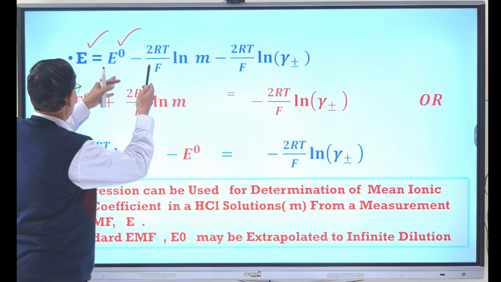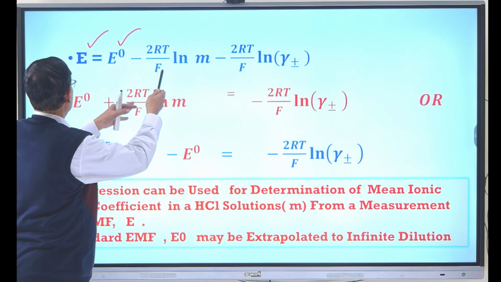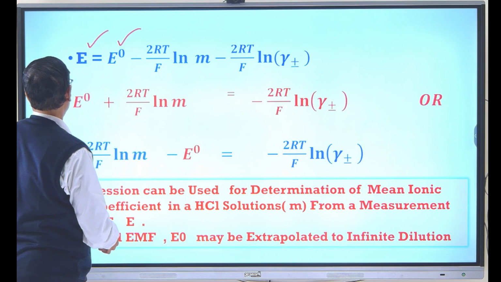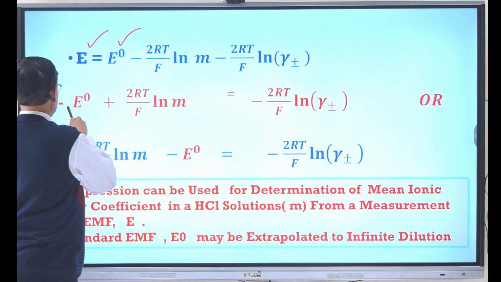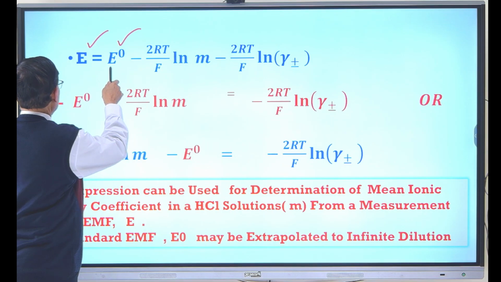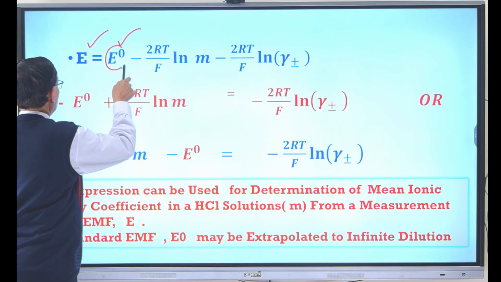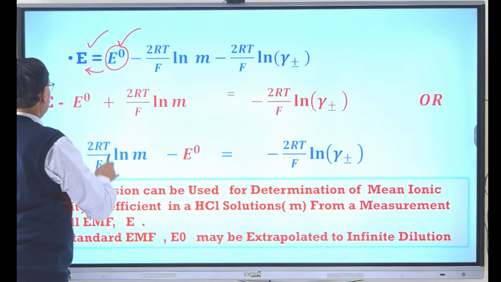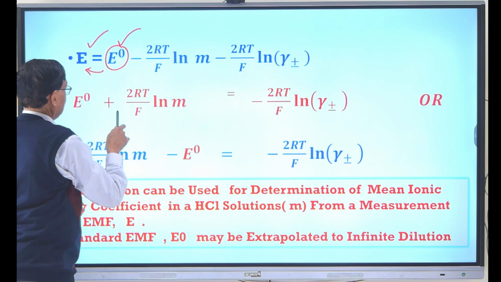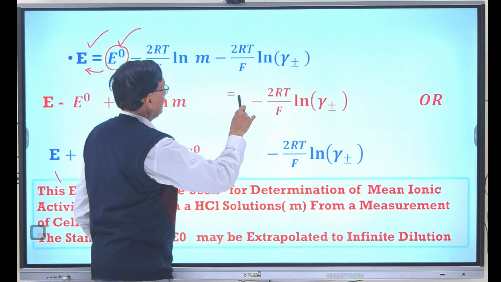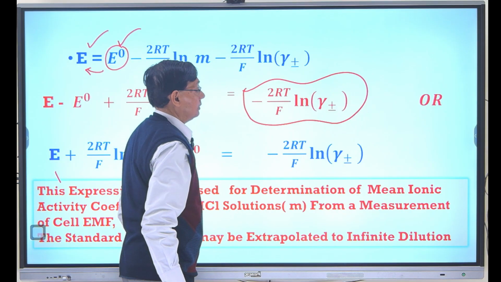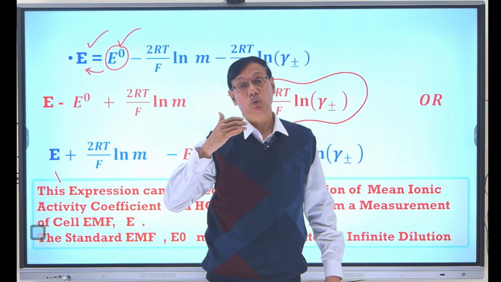What I can do, I can write like that: E minus E0. अगर हम इस E0 को यहाँ पे ले आएंगे तो क्या हो जाएगा? E minus E0 हो जाएगा. इसको हम यहाँ पे ले आएंगे तो ये माइनस की जगह ये प्लस हो जाएगा. तो क्या हमारे पास बच रहा है? 2RT natural log of M gamma.